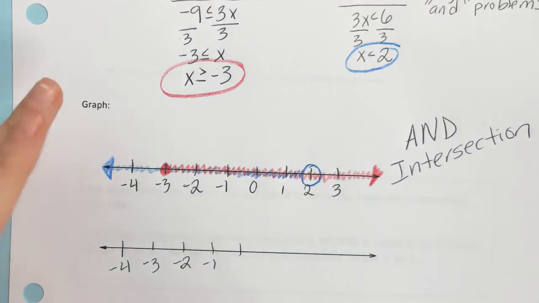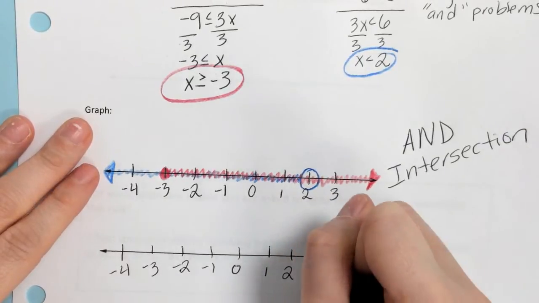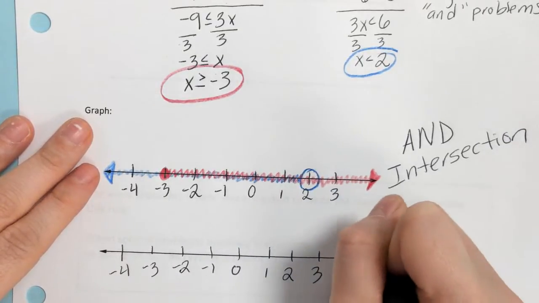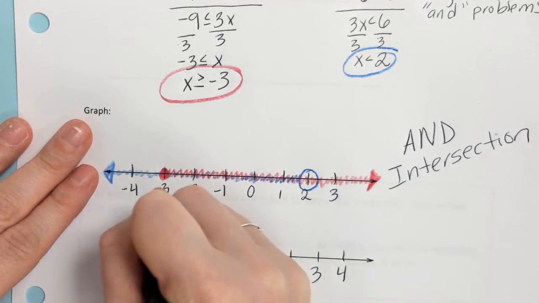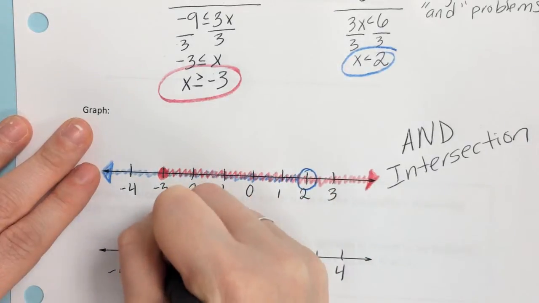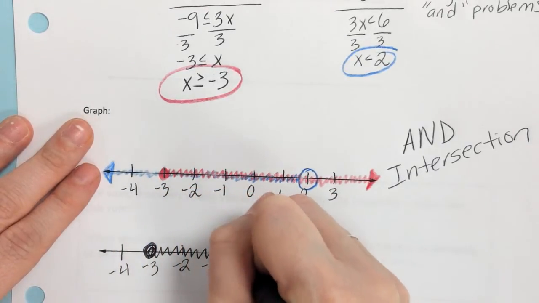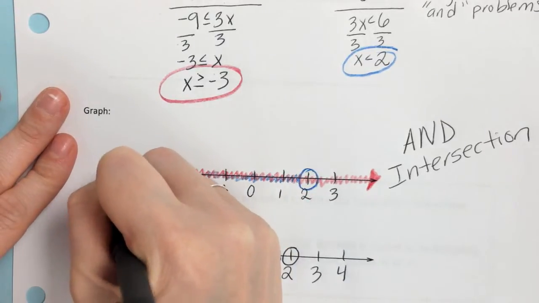All that space in between. So still keep it a closed circle at -3 and an open circle at 2. And then everything in between. So this right here is my final graph.